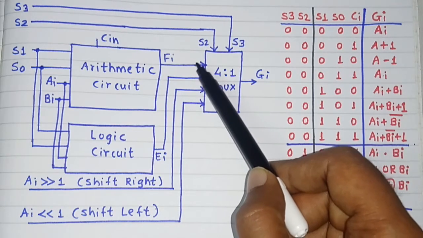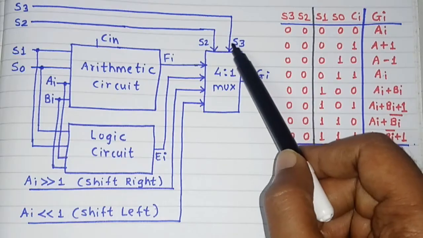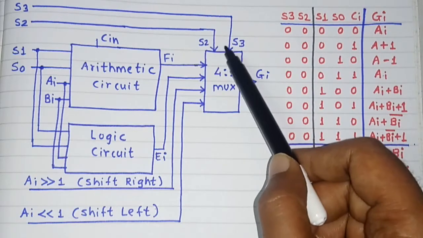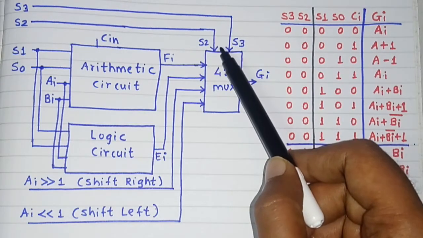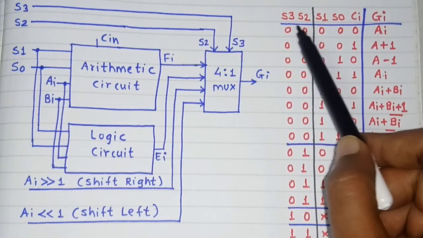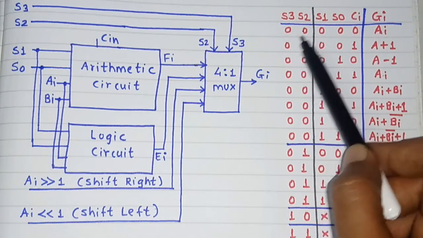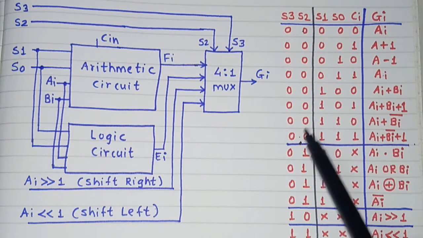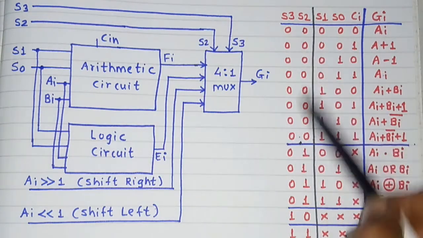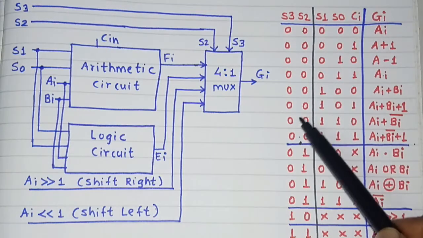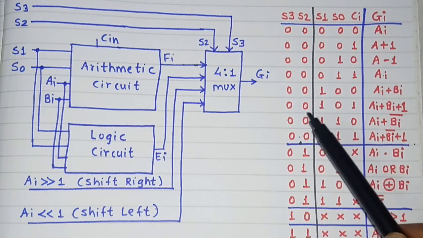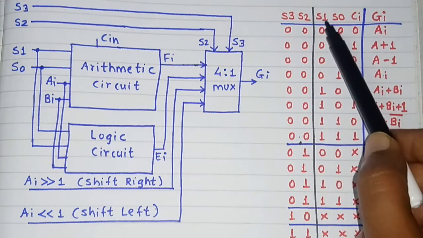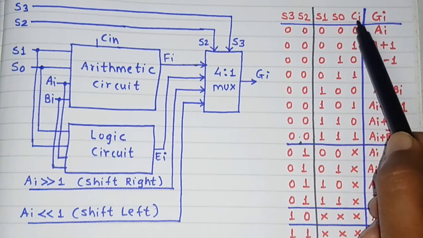For this, the S2 and S3 lines should be made 0 0 for all the arithmetic operations. Out of these 8 operations, which operation you are going to perform is selected by using the S1, S0 and Ci inputs.